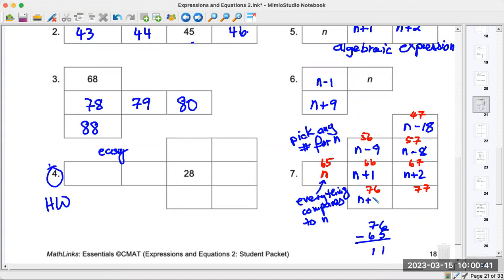So I'm adding 65 plus 11 is 76. You see how I get that? Plus 11. It's a little tricky. And then 77, I'm going to skip over to that. It's n, my original number, plus 12.